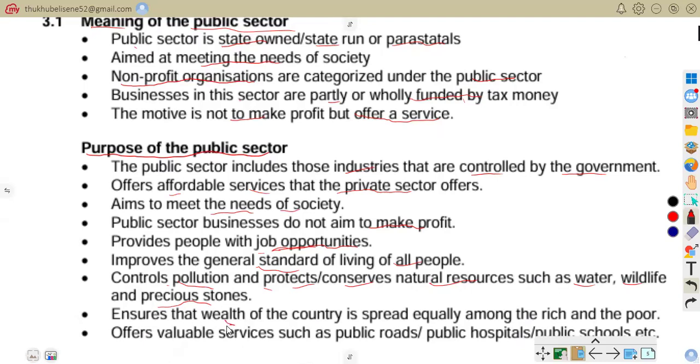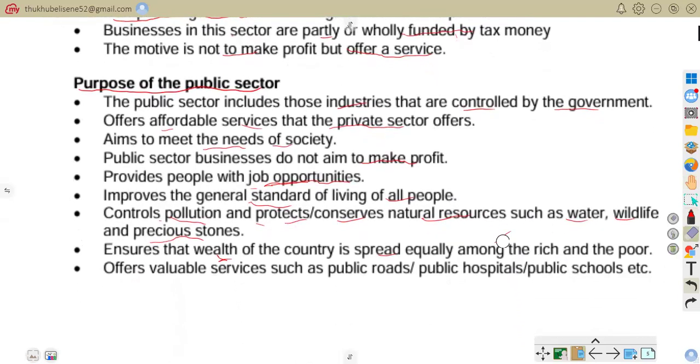It ensures that the wealth of the country is spread equally among the rich and the poor. So it ensures fair distribution of wealth and reduces inequality.